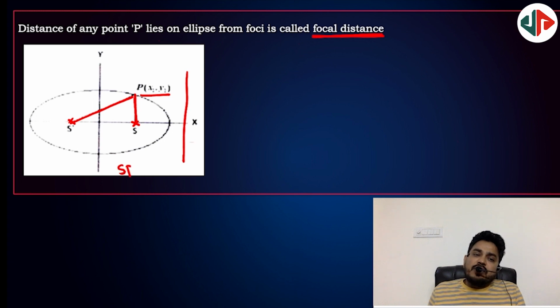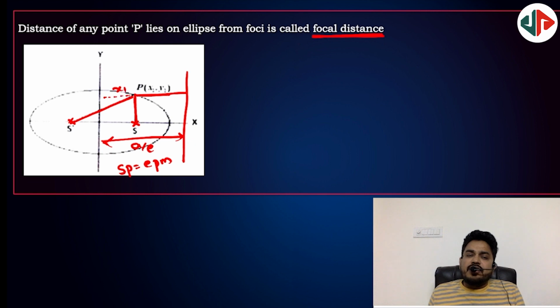SP is equal to e times PM. From here you draw a perpendicular. From here to here the distance is a by e. And if this is x1, y1, this length is x1. Am I right? So SP is equal to e times PM, the total distance a by e minus x1.